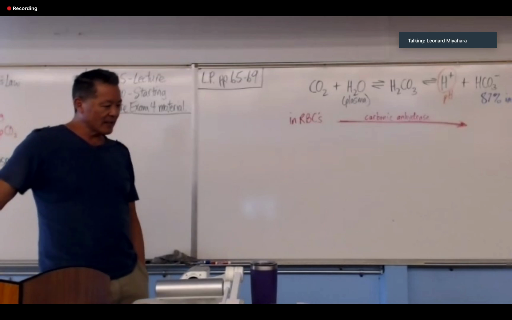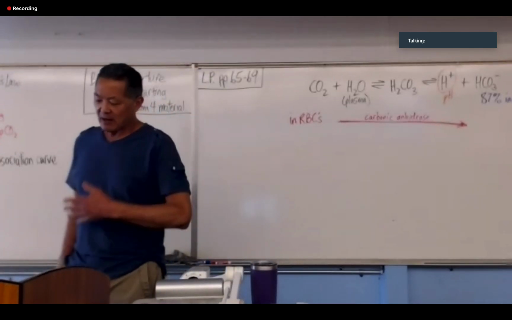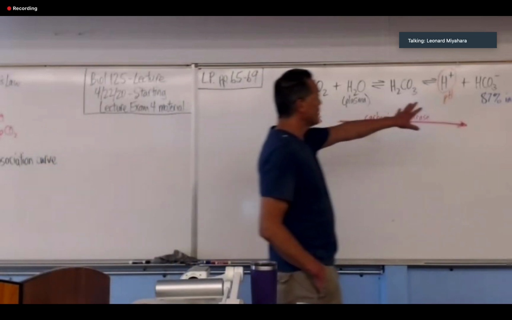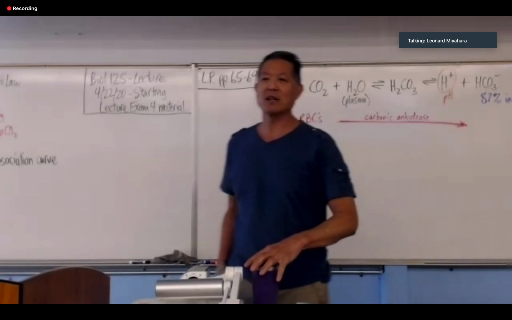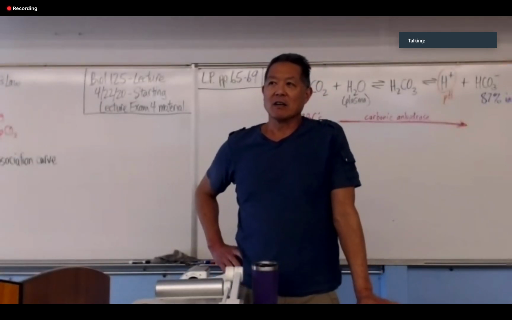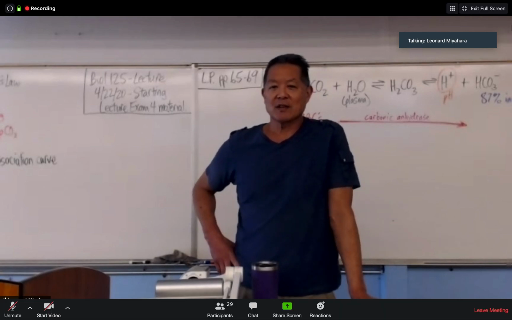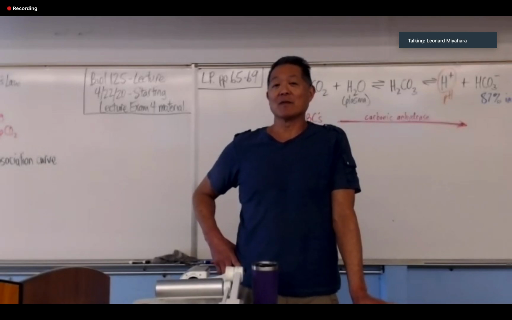And then finally, there's one thing I want to add in here because it is important. Bicarbonate ion is negative, and if it's coming out of the red blood cell into the plasma, unless you do an exchange, you're going to cause an unnatural membrane potential for red blood cells.